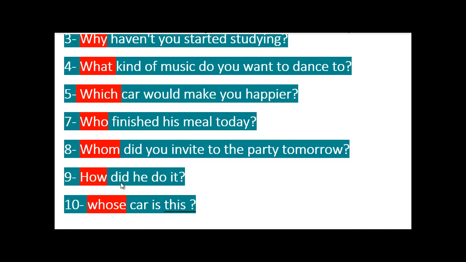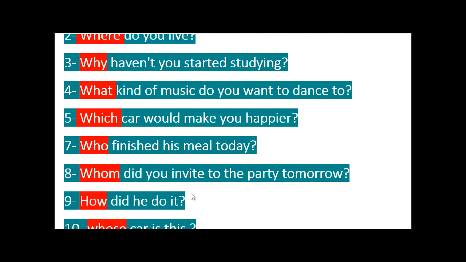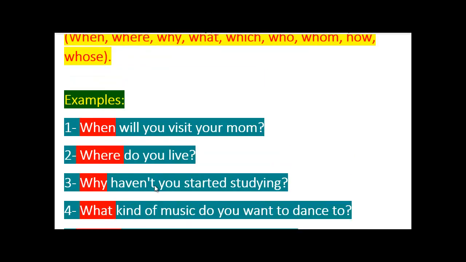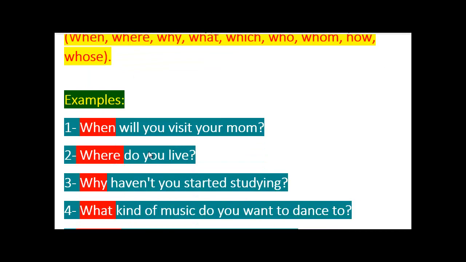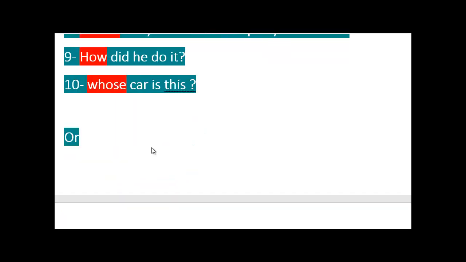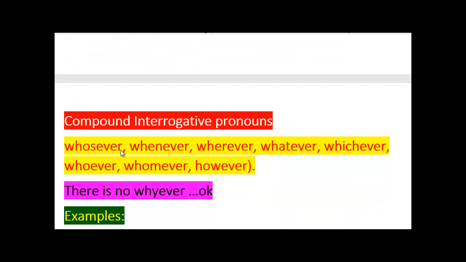How did he do it? And whose car is this, for ownership? All right, these are all examples for interrogative pronouns. Sometimes we get compound interrogative pronouns when we add the word ever, like whoever, whenever, wherever, whatever.